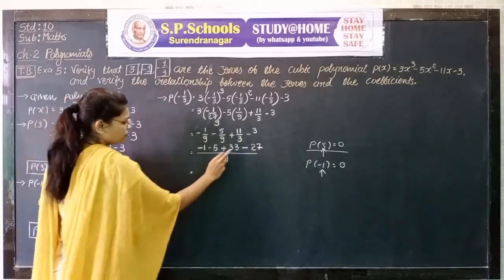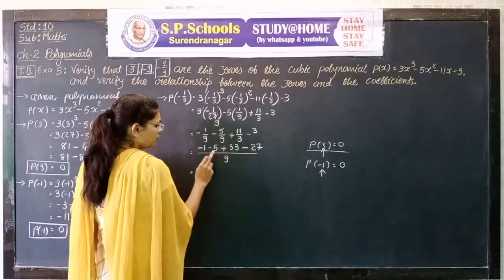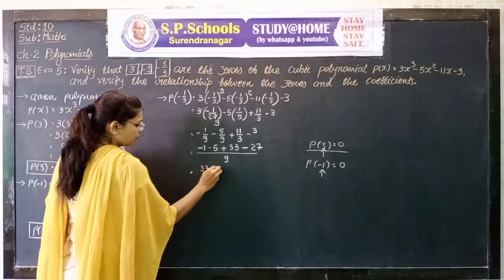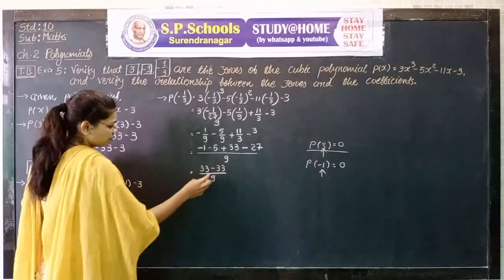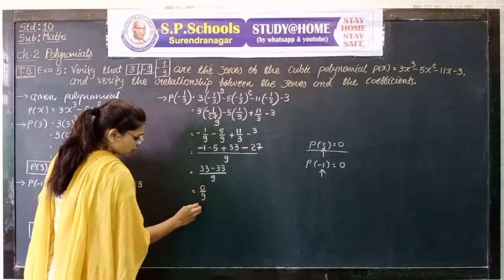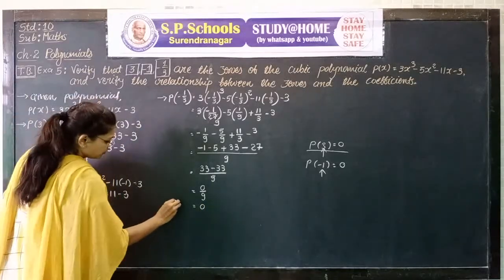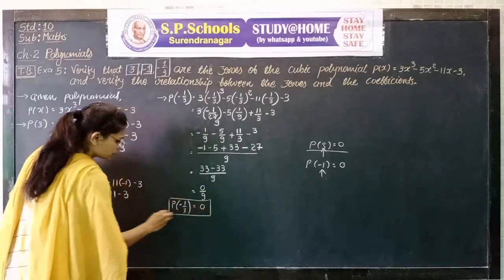Equals plus 33 remains as it is, minus 27, minus 5 and 1 gives minus 33 upon 9. Plus 33 minus 33 is equal to 0 upon 9. We know 0 upon 9 is equal to 0. That's why P of minus 1 upon 3 is equal to 0.